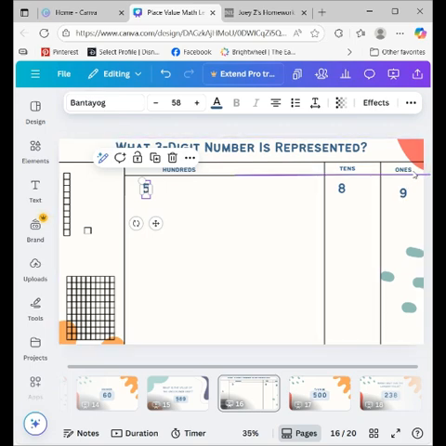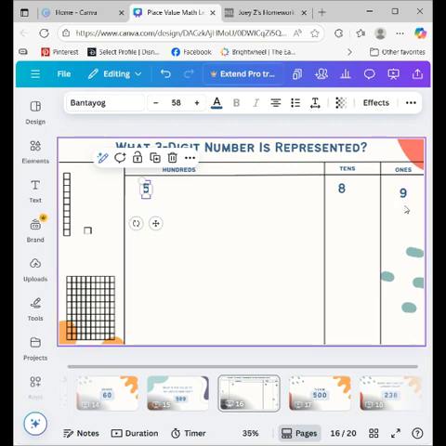So since this is in the ones place, and this is number 9, how many cubes should we bring over? Yes, 9. Good.